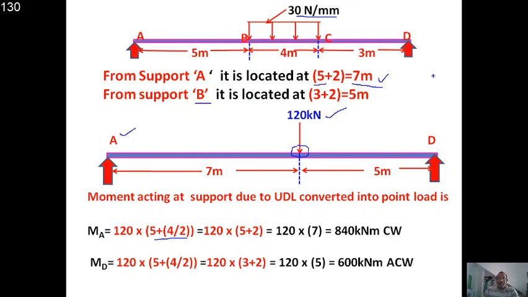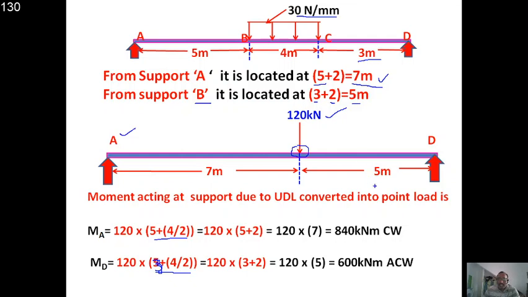Similarly from B, if I consider, this will be 3 plus 4/2, so it means 5 meters, right?